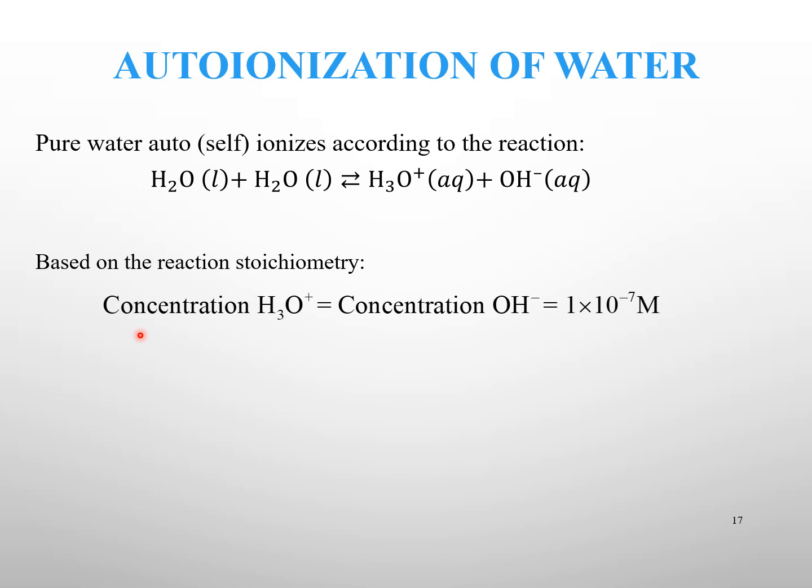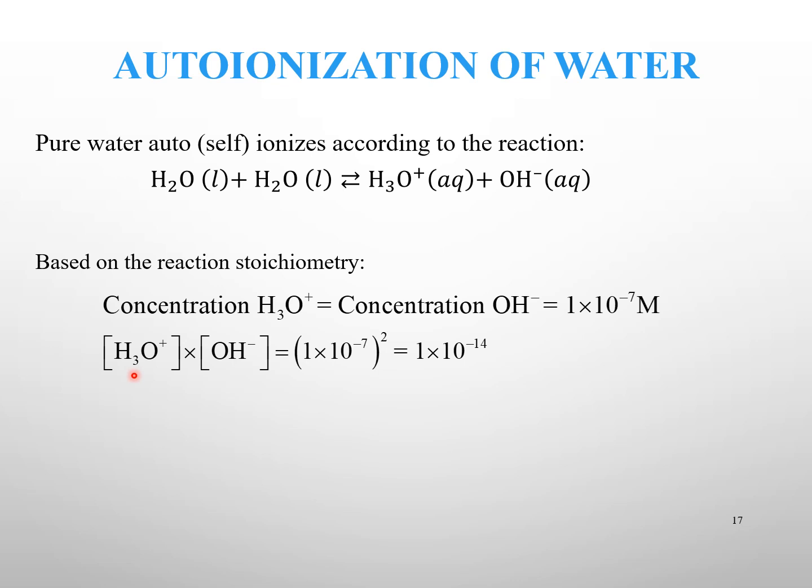Based on that, we also know that the H+ or hydronium ion concentration is the same as the hydroxide ion concentration, and this will be 1 times 10 to the minus 7 molarity for pure water. And that means that if you take H+ and OH-, which is the same number, 1 times 10 to the minus 7, and multiply them, you get 1 times 10 to the minus 14.